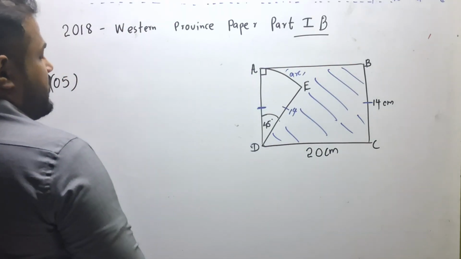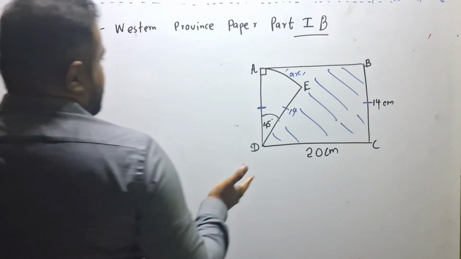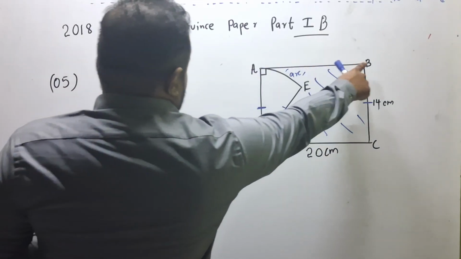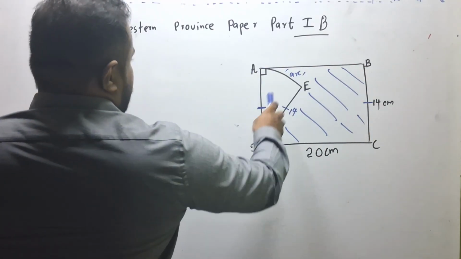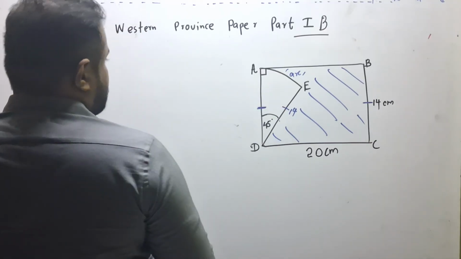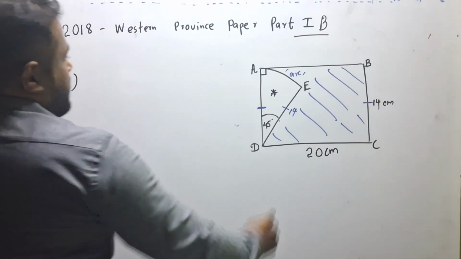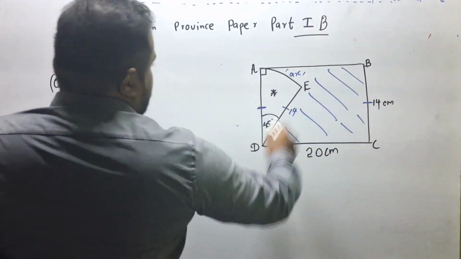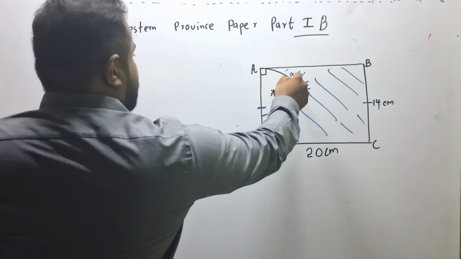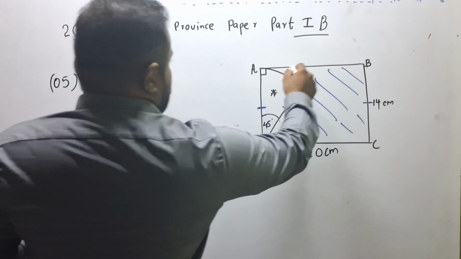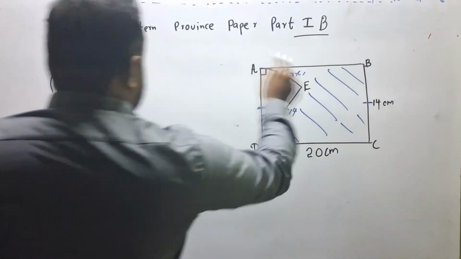No. We only learned about finding an area of a rectangular part and finding an area of a sector. This rectangular part's area minus sector's area will give the area of that ABCDE.